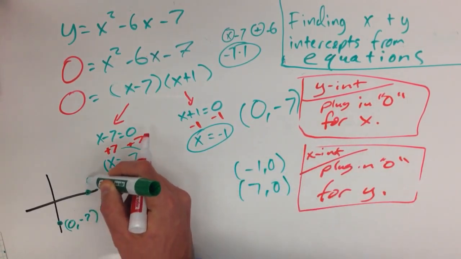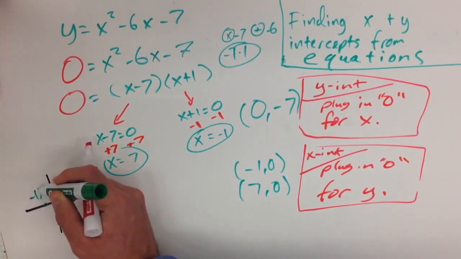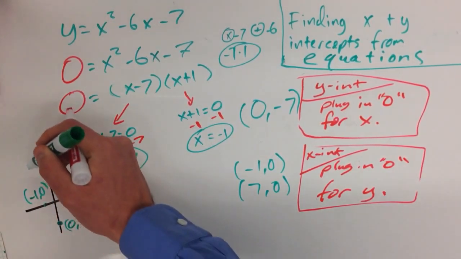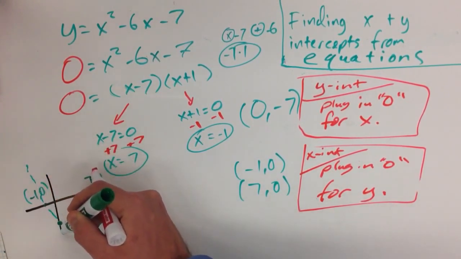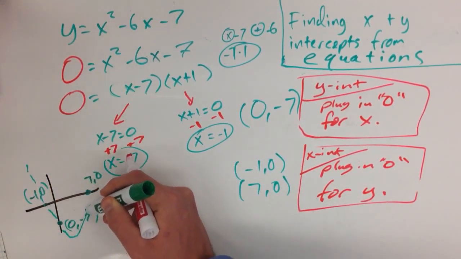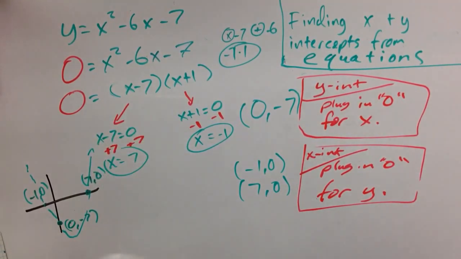If I plot those, here it is at (7, 0), and here it is at (-1, 0). So my parabola will look something like this. And that's how you find the x and y intercepts from an equation.